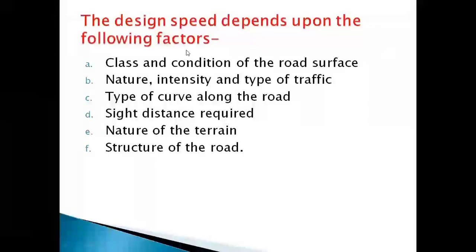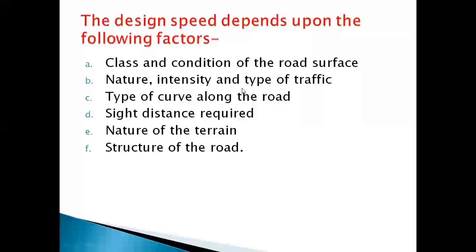What is the nature of road? What is the intensity of the vehicles on this road? And type of traffic, that is, which types of vehicles travel on this road. This is the second factor considered while designing the speed.